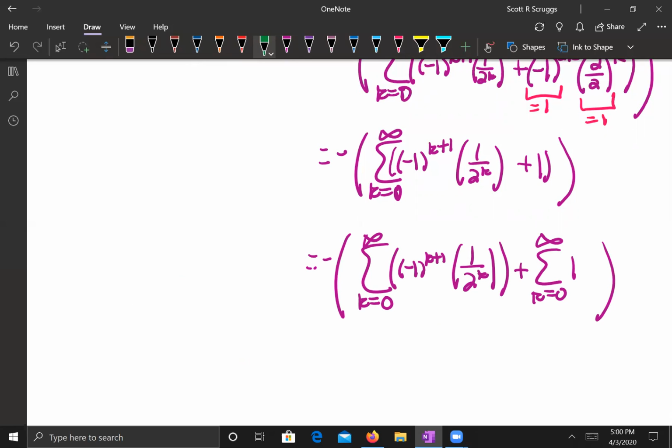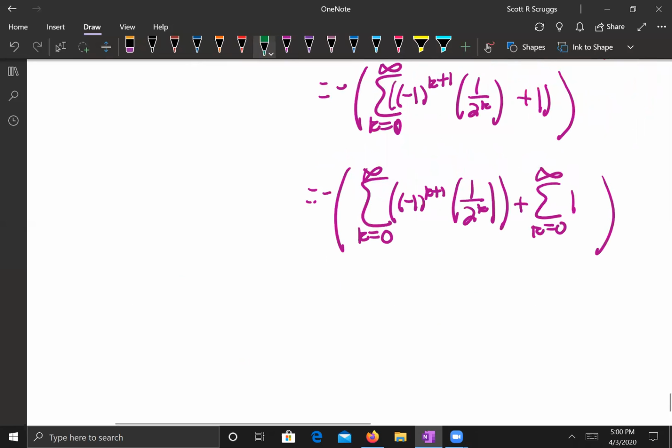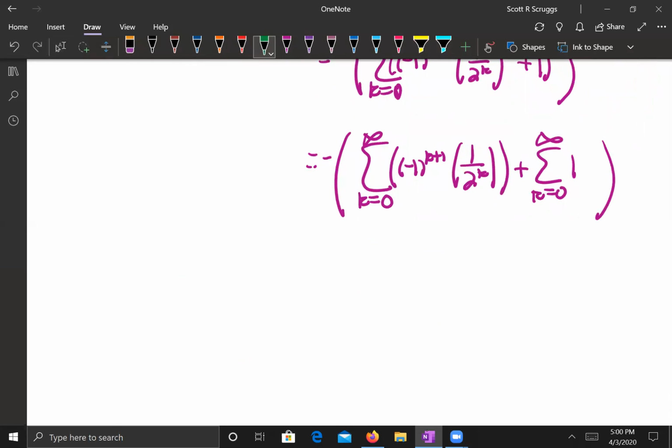Since it is time, I'm going to give the gist of what's going on. So for the first series, (-1)^(k+1) over 1 over 2^k, is it convergent or divergent? And which test? Unique says alternating series. Yep. And yep.